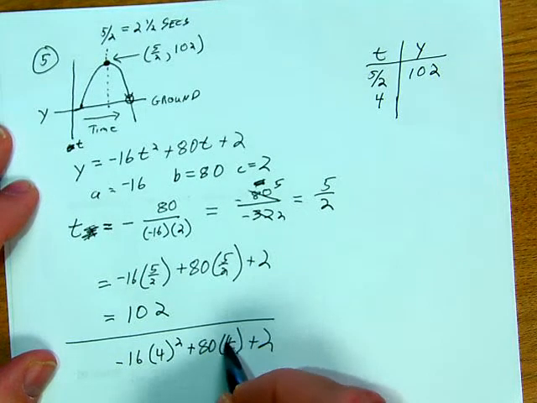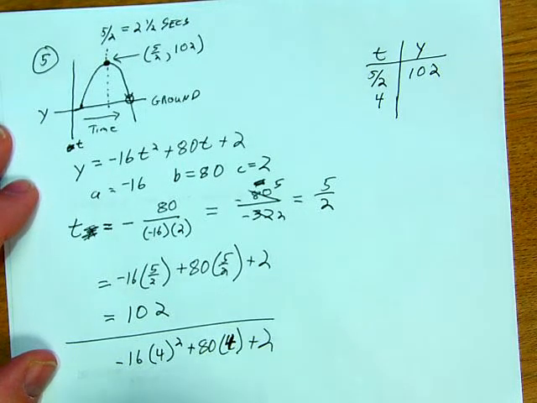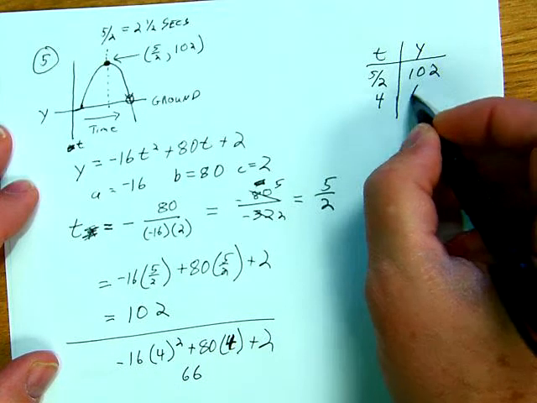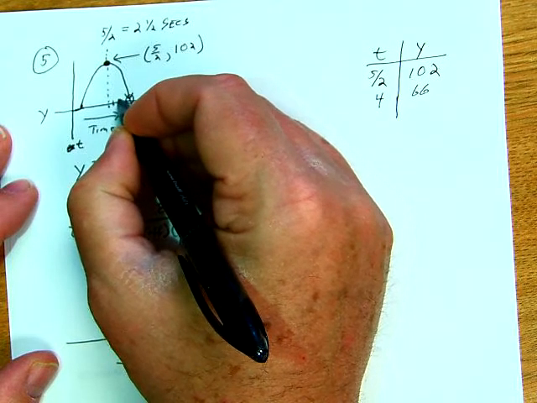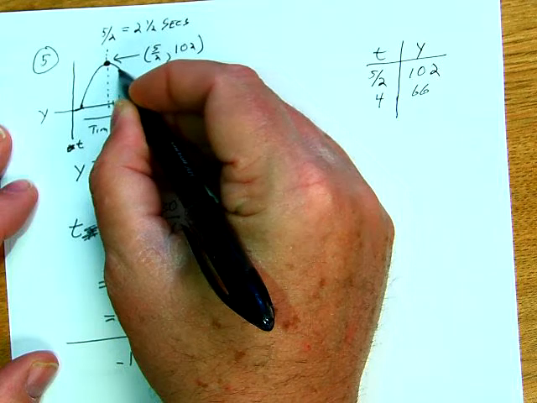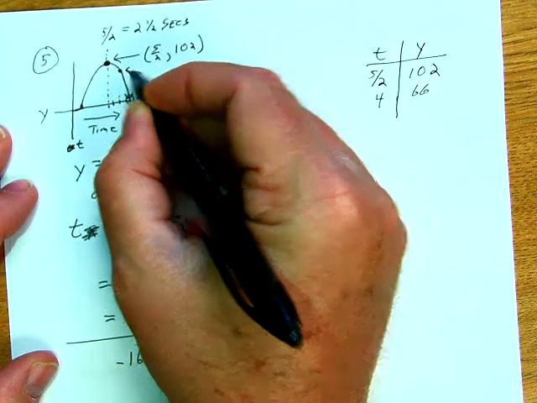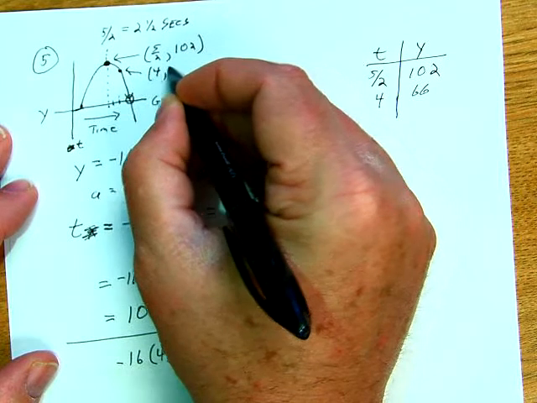I've done the calculation already, I'm not going to show it to you. It ends up being 66. So we know that at 2.5 we're at 102, and at 4 we're right there at 66.